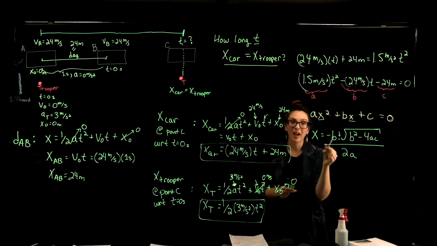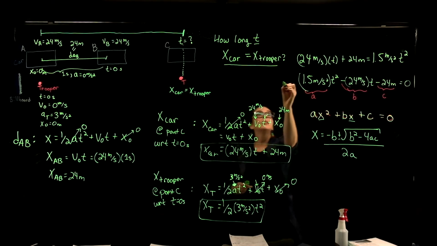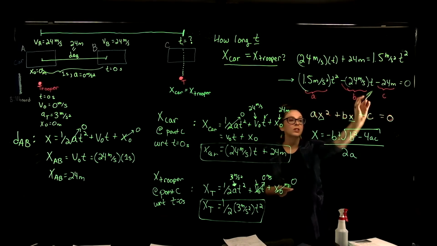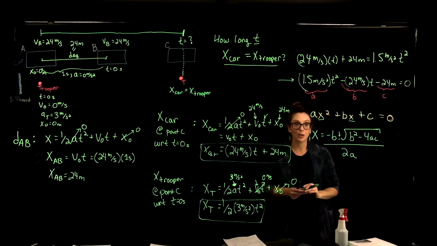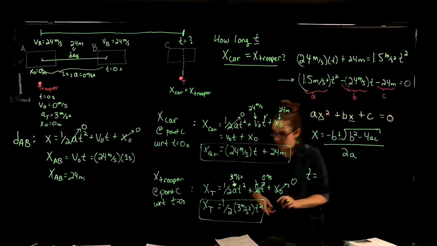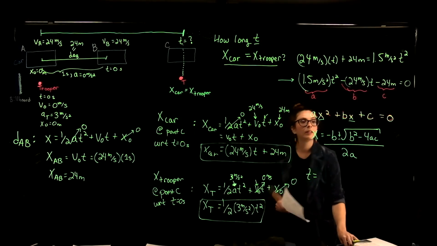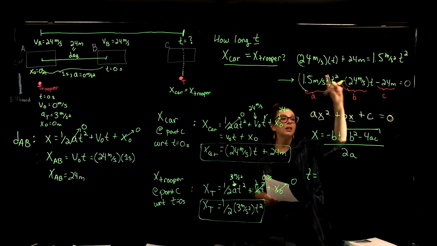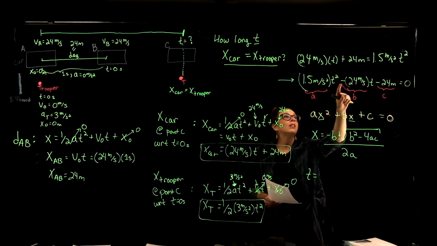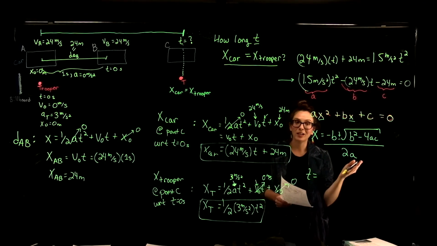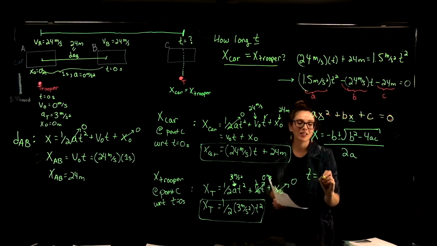So we're going to apply this to our equation up here that we got in order to solve for our unknown t. Okay, so if we do that, then we'll have that t is equal to negative b. So for us, that would be negative the term negative 24. So minus 1 times minus 24. So that becomes positive 24.